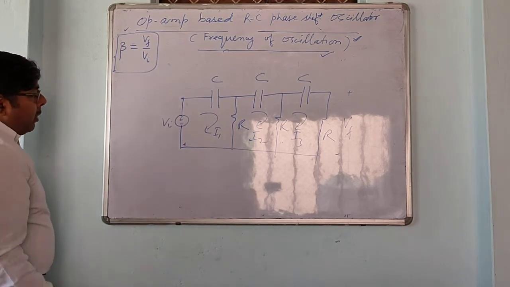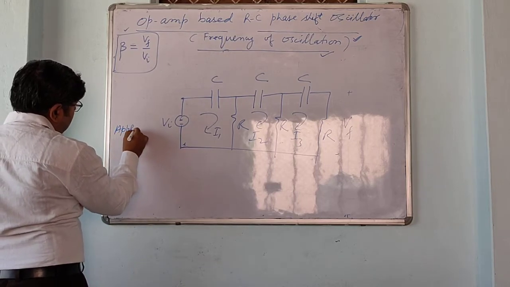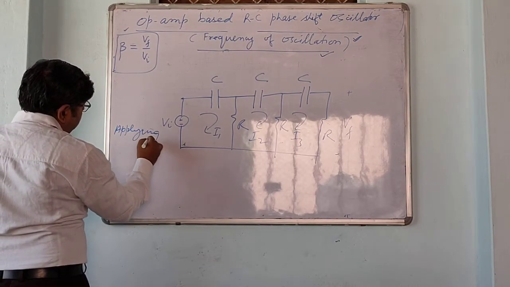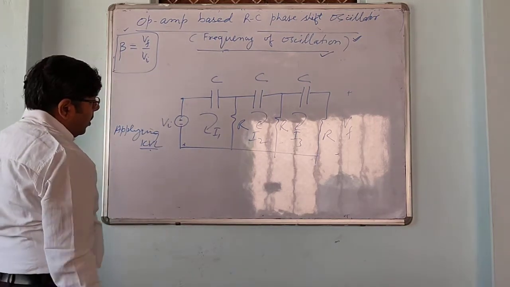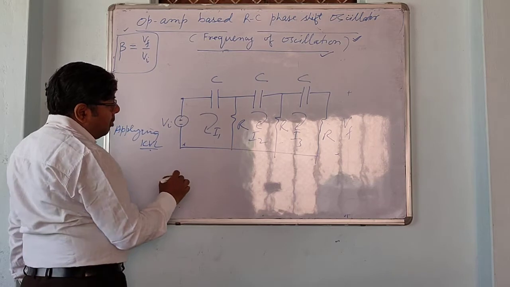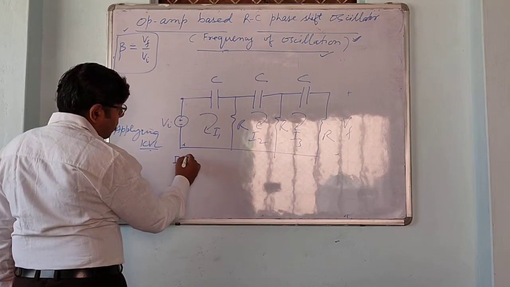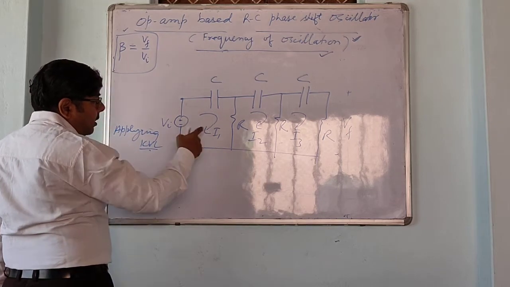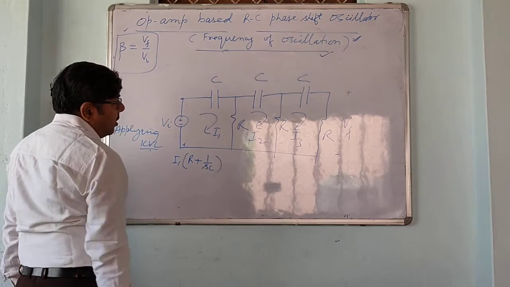To find out, first apply KVL for three loops. In first loop, in frequency domain, we are writing current in first loop I1 into total impedance in the first loop, that is R plus 1 upon SC.